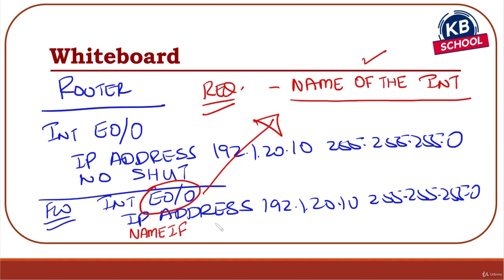Let's say this is the outside interface or the external interface. You give it a name. So now if you want to apply an ACL, you're not going to apply it to E0/0, you're going to apply it to the interface called external, which points to E0/0. So the name is a required component because all the other commands will point to the name, not to the physical interface identity.